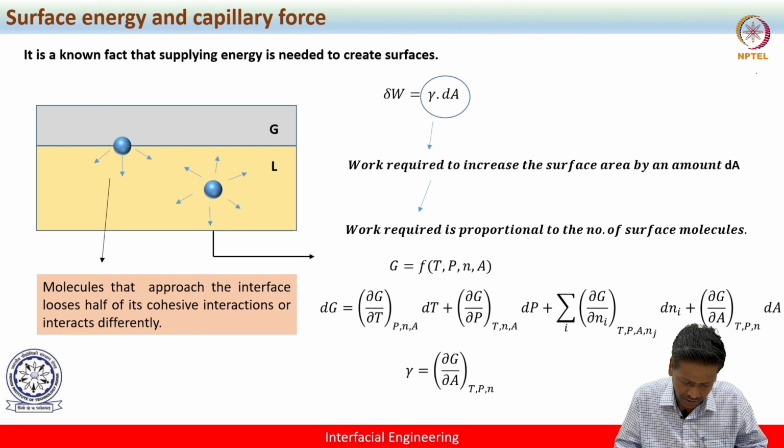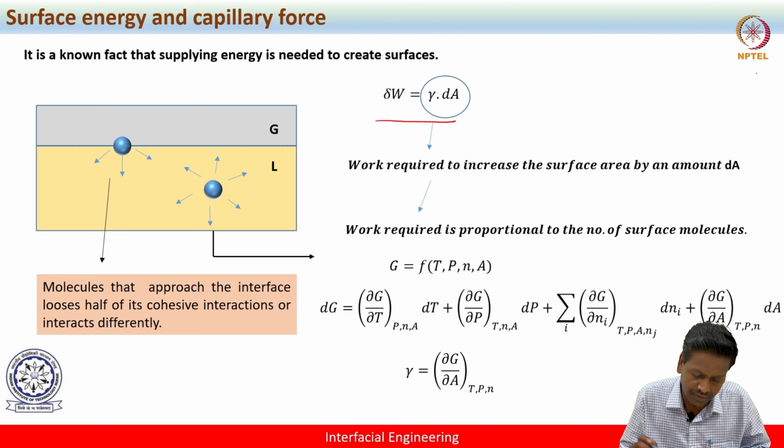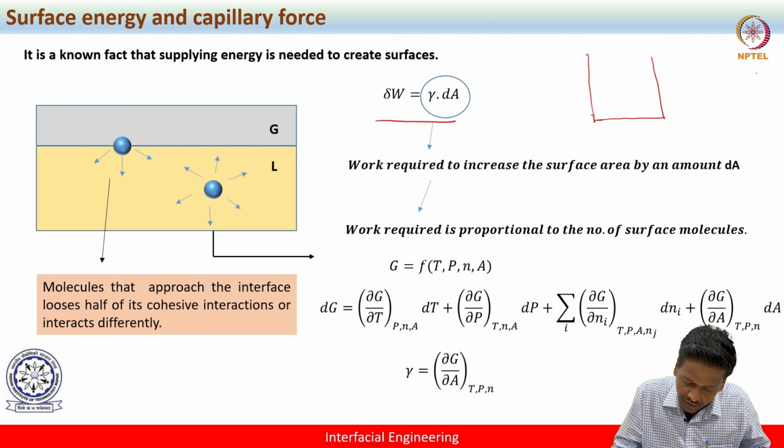Now we can also relate surface tension with respect to work done. Okay, let's imagine that we have a container, and we pour water and fill the container like this.